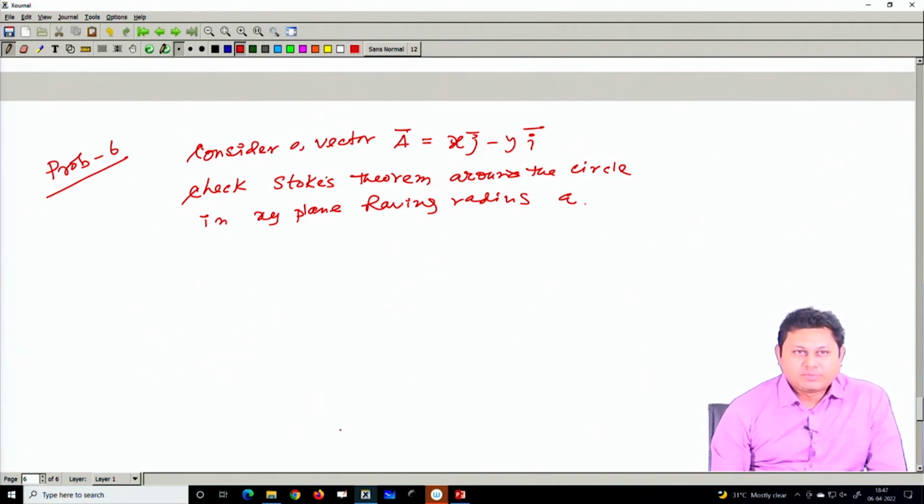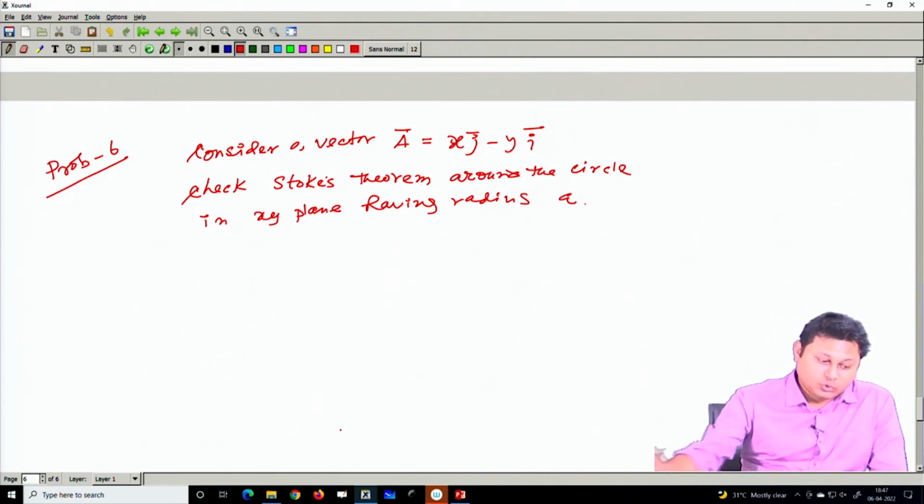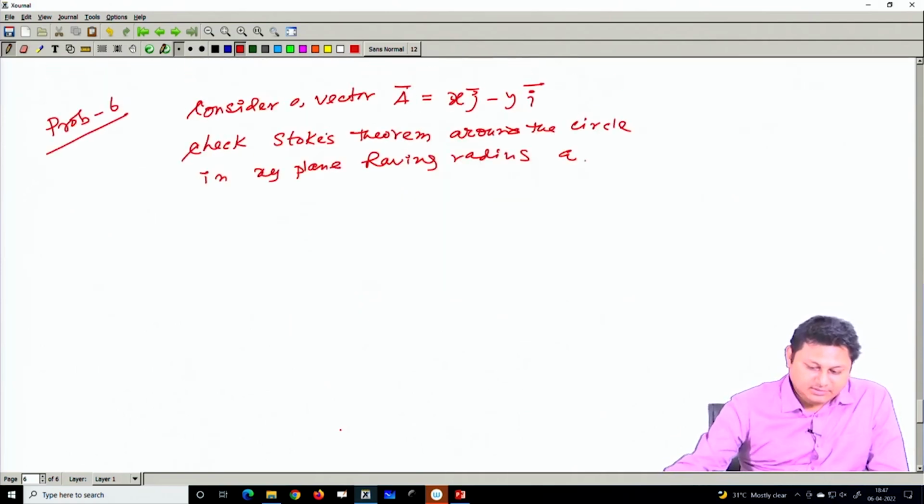So, we need to verify the Stokes theorem for this vector field.